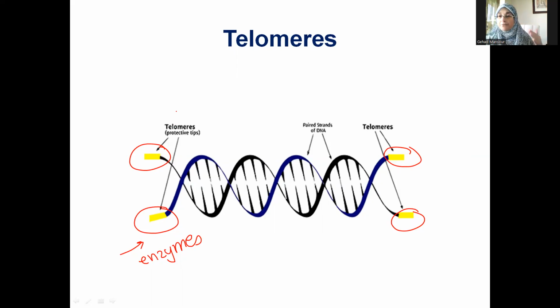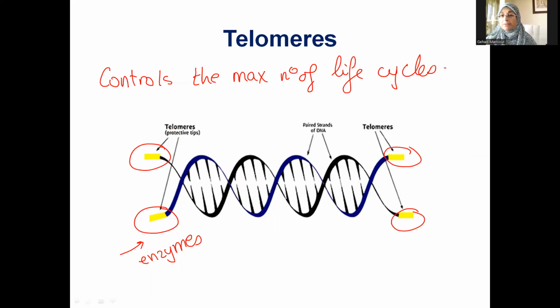And it should die after a certain number of cell cycles. So the breakdown of those telomeres by the enzymes is what controls the maximum number of life cycles that can be done by a cell. So they act as a clock for the cell.